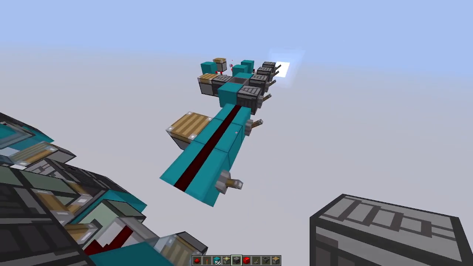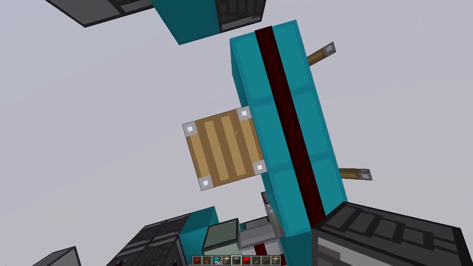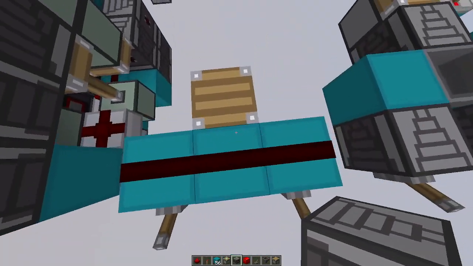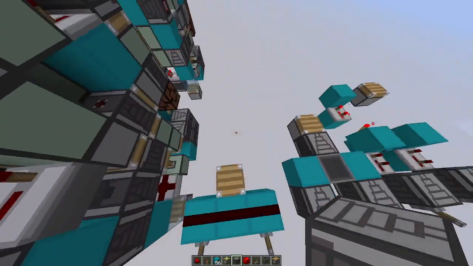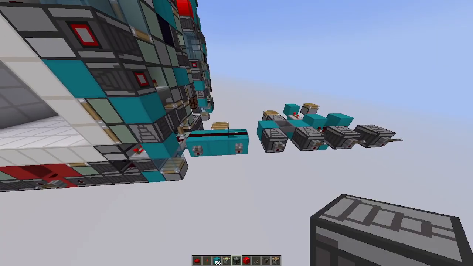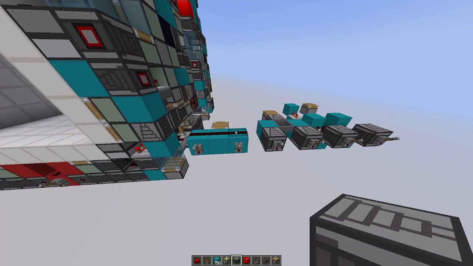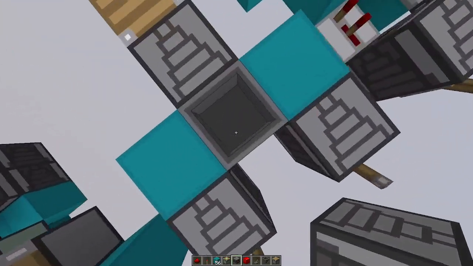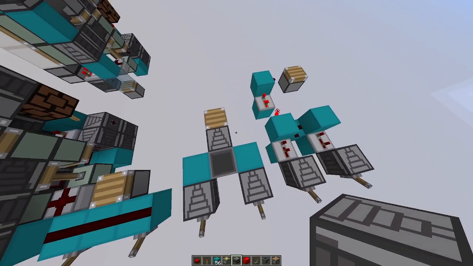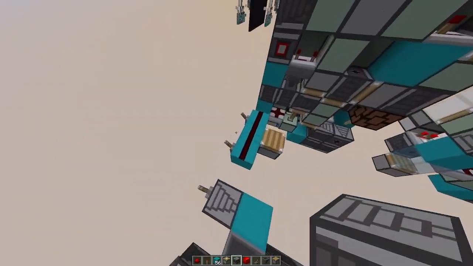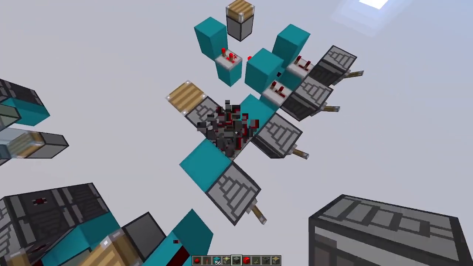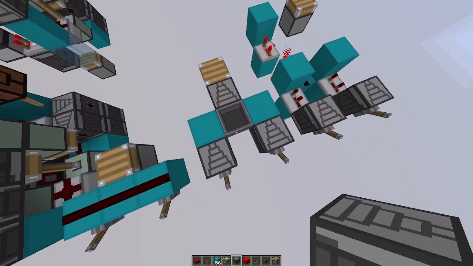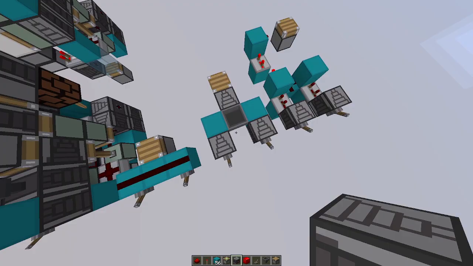I have multiple inputs, but I want to connect them to the same output. Either one of them powering will cause the output to power, right? So it's very similar to an OR gate. But conductor is a bit more specific. It is a component that connects 2 different circuits. So for example, it can be a residual dust, a hopper, a note block, or a dropper, anything like that.